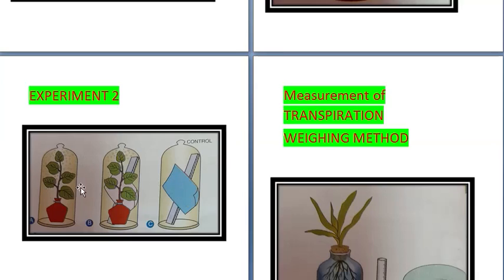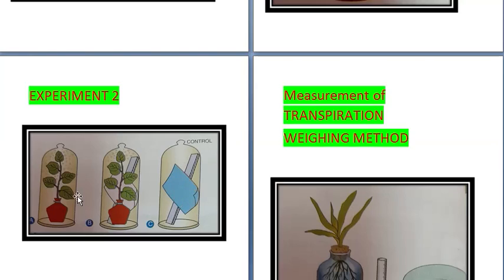After leaving these 3 setups in the sunlight for a few hours, you will observe in the first, that is A, there will be droplets of water on the side walls of the bell jar. In the second also you can see the droplets of water, and you will find that the blue colored cobalt chloride paper starts turning pink. And in the third bell jar there will be no droplets and the blue colored paper will remain blue.